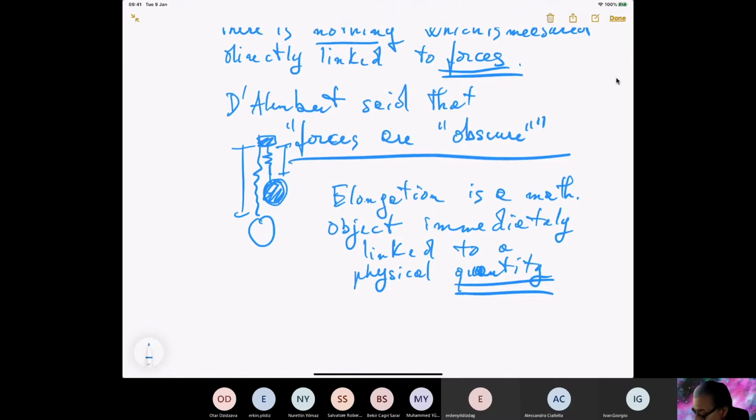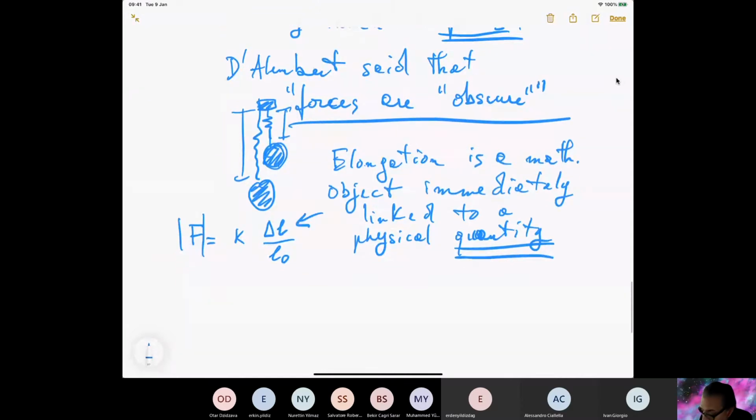For instance, you need to know that the intensity of the force is linked to the variation of length divided by the original length of your spring, and then measuring these, you get information about the force.